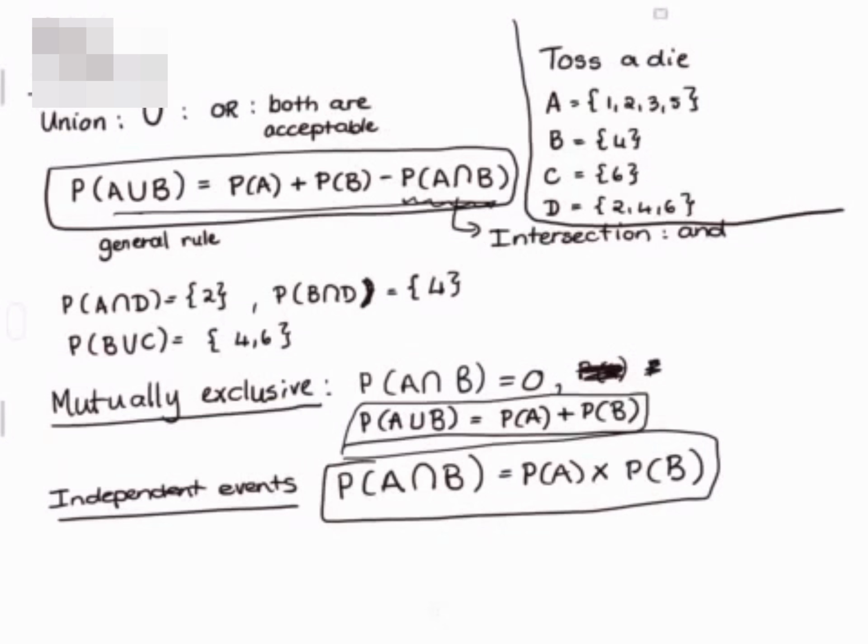This is usually a way, if we already have the probabilities, of checking if they are independent.